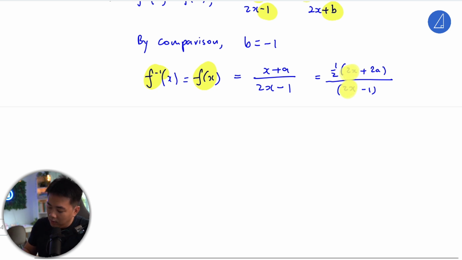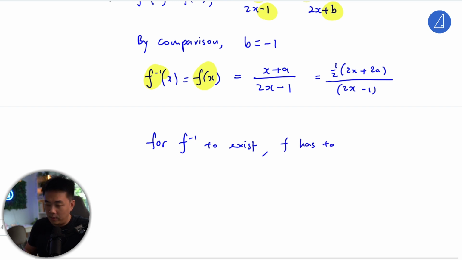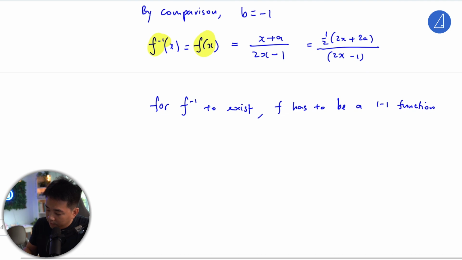Okay, so what you want is that for f inverse to exist, f has to be 1-1. You do not want these two to equal each other, because once these two are equal, it becomes a horizontal line, which is not what you want, right?